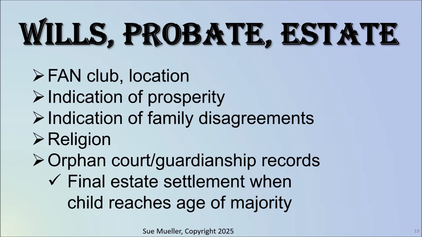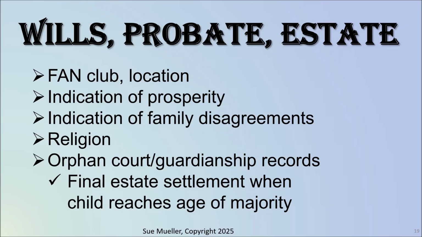Well, that gives you a clue of what's going on there. The religion may be indicated in a will, or one of the witnesses might be important. Find out who those people are, because that can broaden your research and give you some other avenues to pursue.